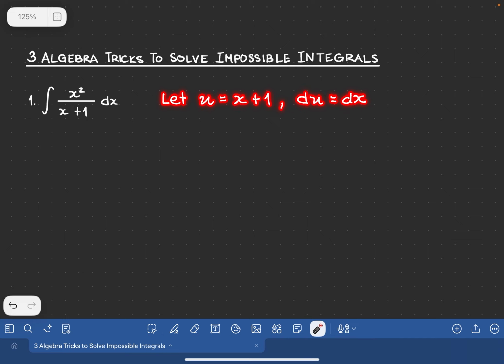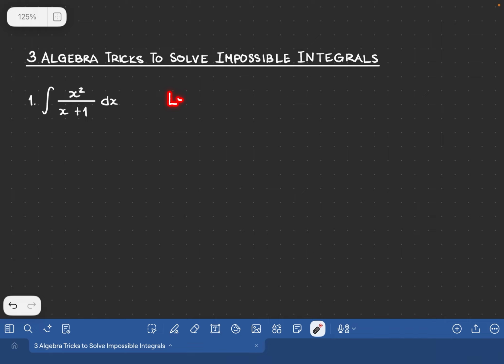Now you might get an answer here if you replace this by u, and for the numerator you can write x equal to u minus 1. But as you can see, that is quite a lot of steps. So I don't think that is the best route here.